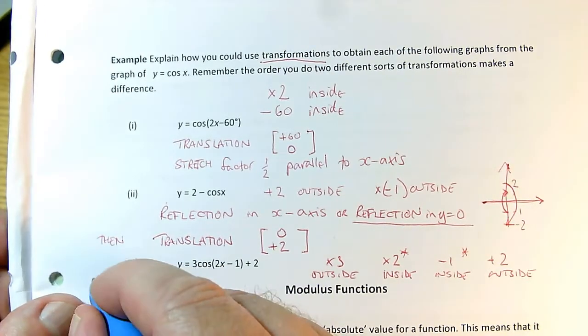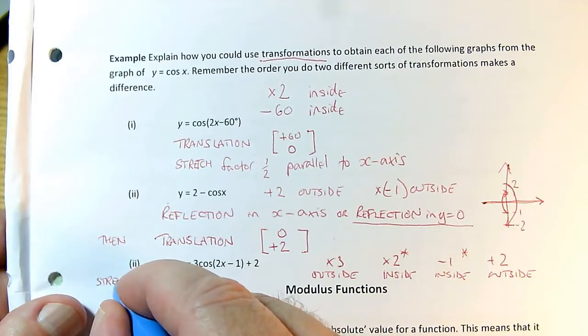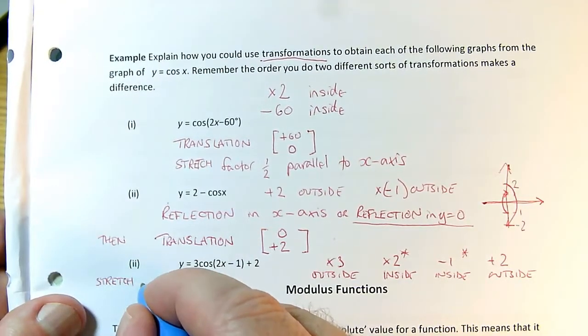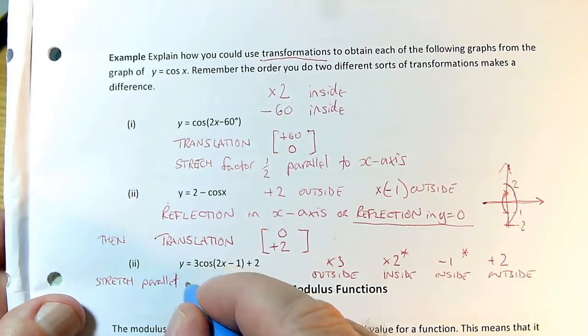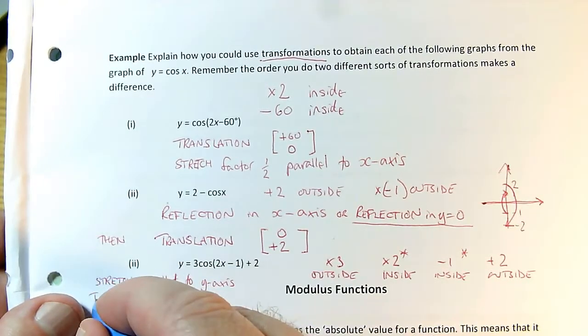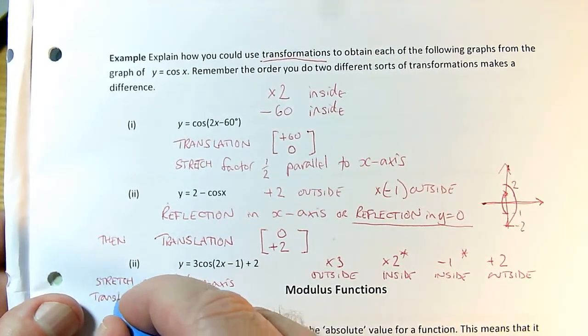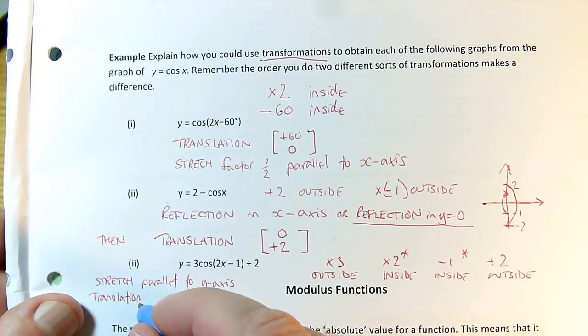So I'm going to have a vertical stretch, which means parallel to the y-axis, and then I'm going to have a translation, and my translation vertically is going to be followed by a translation horizontally.